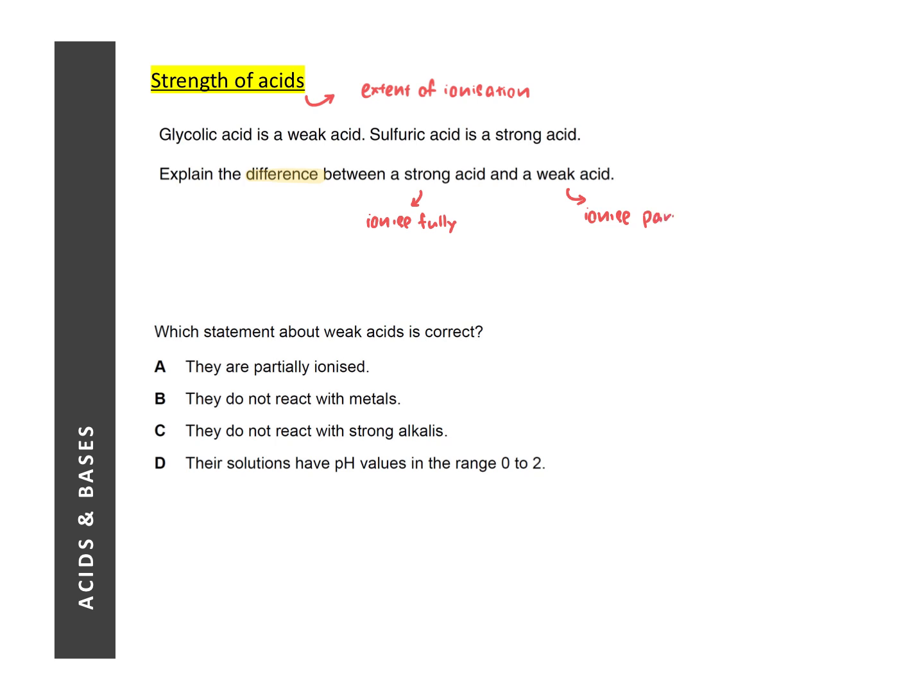Now, a common wrong answer would be to make reference to the concentration of hydrogen ions. Students would say that a strong acid would have a higher concentration of hydrogen ions, whereas a weak acid will ionize in water to give a lower concentration of hydrogen ions. This is not correct, because the concentration of your acid can be adjusted by humans.